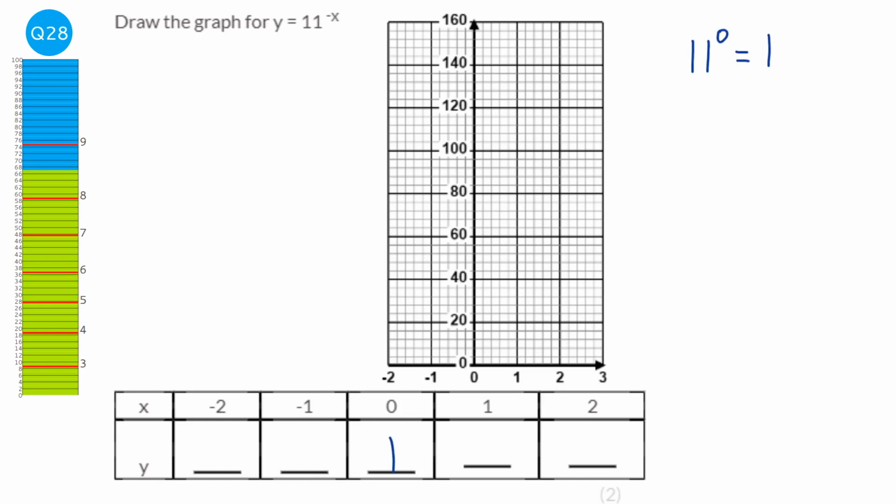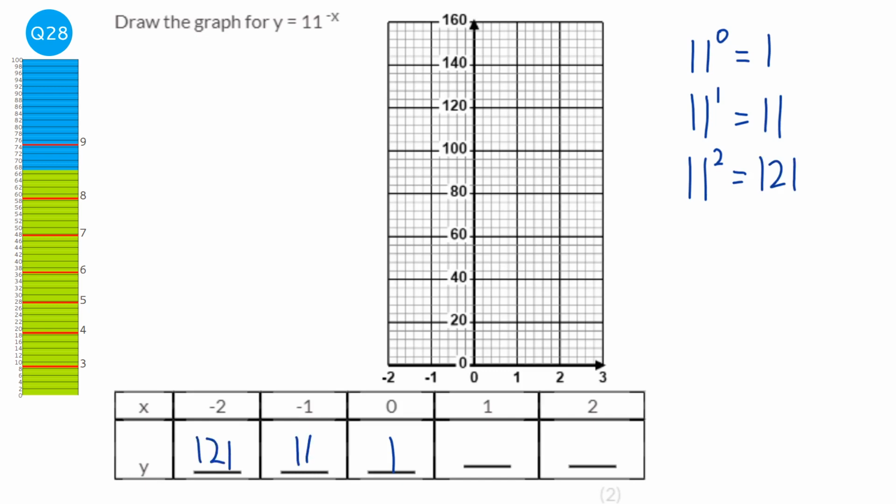And we're going to go left, so we're going to do x to the power of minus 1. Well, two minuses make a plus, so 11 to the power of 1 is just 11. And same with this. Minus and a minus make a plus, so it's just 11 squared, which is 121. So we've got 11 and 121.